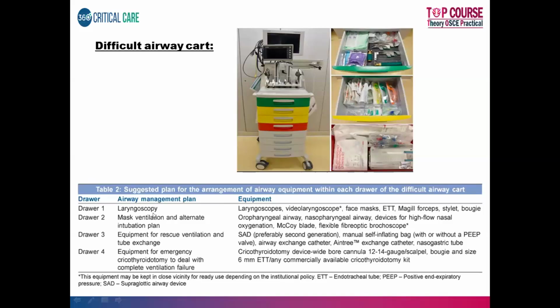And in drawer 4, you keep the equipment for emergency cricothyroidotomy, in case of complete ventilation failure. So what do you keep? A wide bore cannula, a scalpel, a bougie, and a 6 mm ET tube.